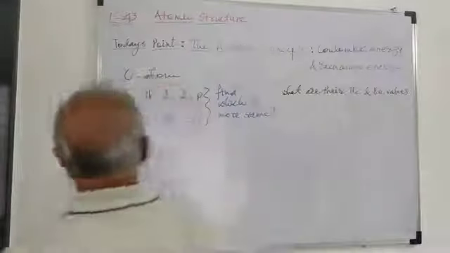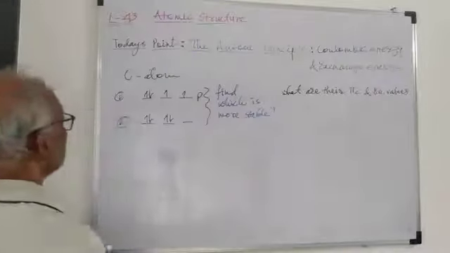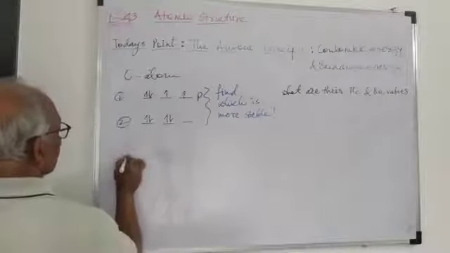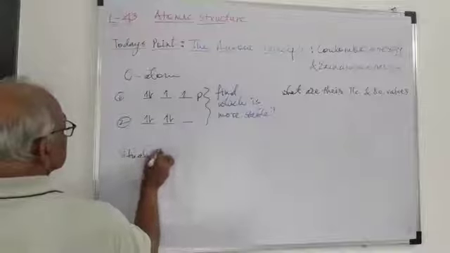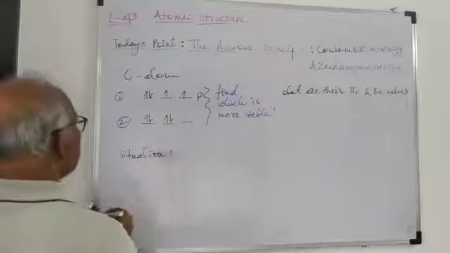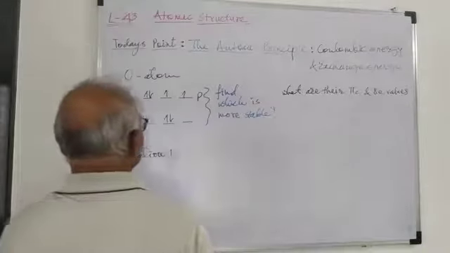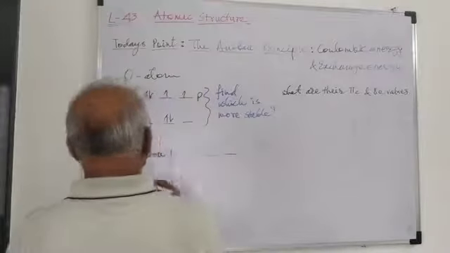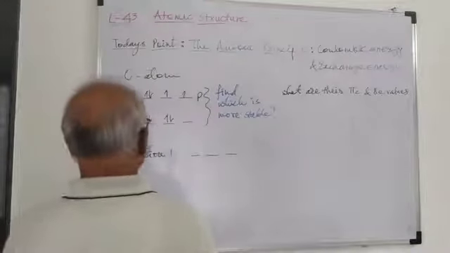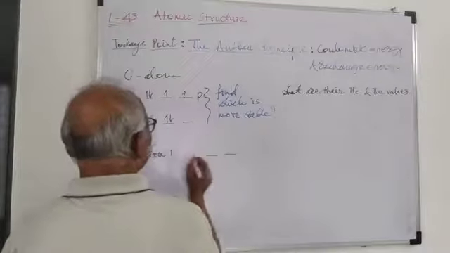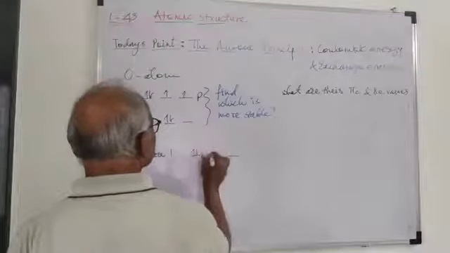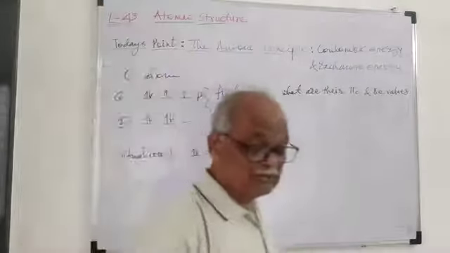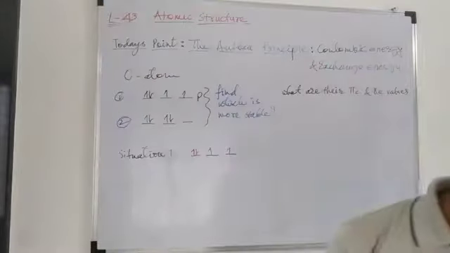Now if we take this situation number 1, we find that the electrons are like this. There is one pair of electrons.